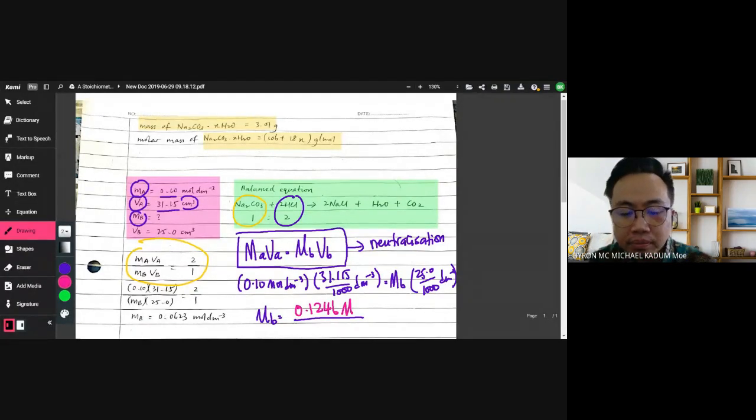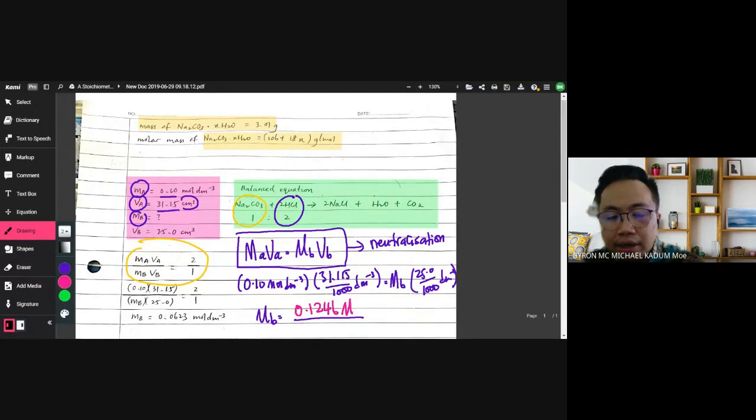Alright. Okay. Yang ini, 0.1246 molar, this is when, based on the balance equation, you have 1/1. Okay, one acid and one base. But from the balance equation, that's why just now I've told you, sangat-sangat penting balance equation. From the balance equation, you have 1/2.